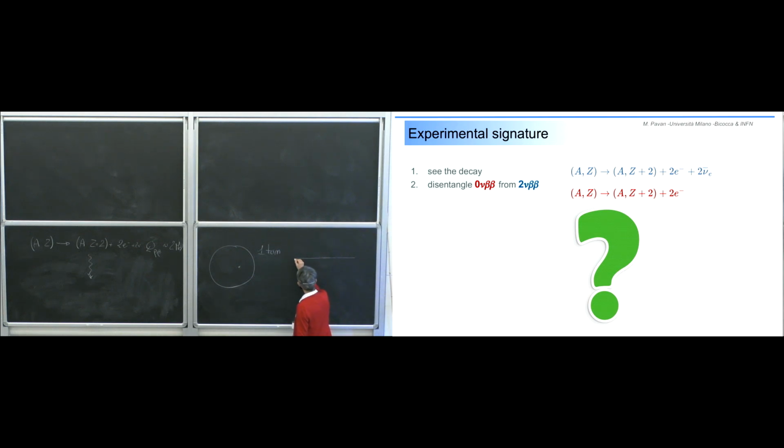You can use a very thin foil, so thin that the electrons go out from the foil, and then you detect them in some way. In that case it was a TPC. It was the NEMO-3 experiment.